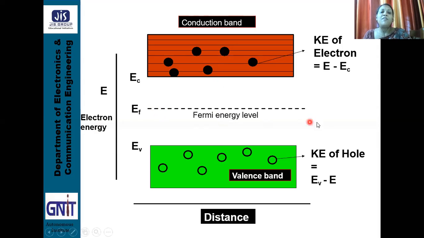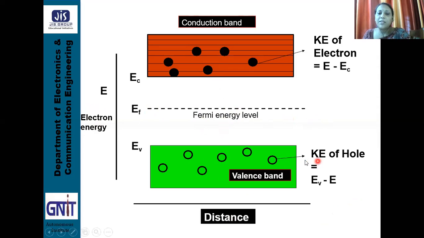And one more level is shown, that is the Fermi energy level. For an intrinsic semiconductor, it is midway in the forbidden energy gap. The x-axis shows the distance and the y-axis shows electron energy. And this is the energy band diagram of an intrinsic semiconductor.